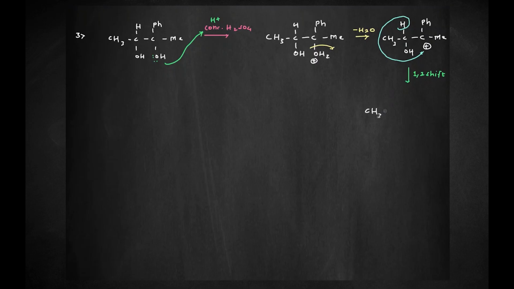So this is CH3, COH, this will be plus C, phenyl group, methyl, and hydrogen. Got it? Now here this carbocation is more stable because of the back bonding, and you will get this particular thing here. Look at here.